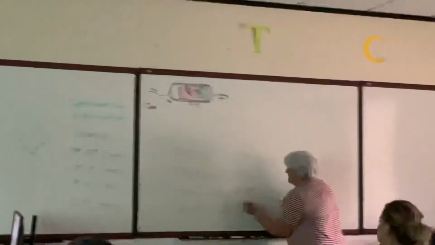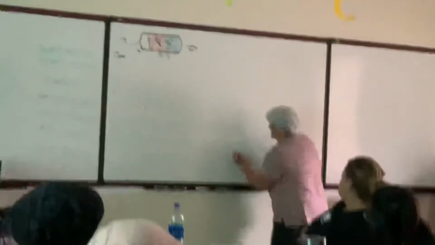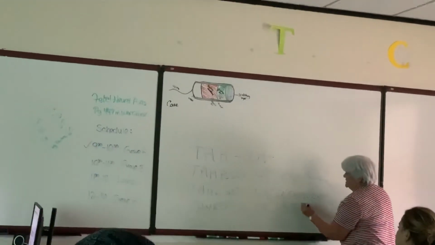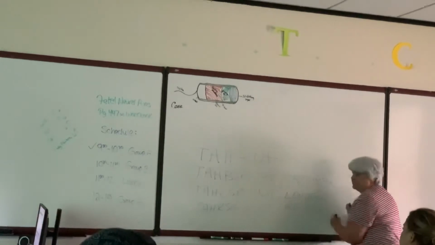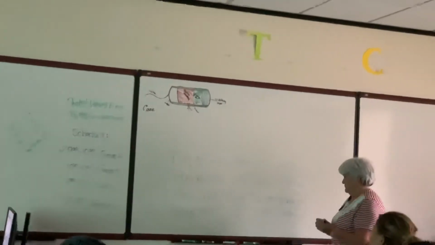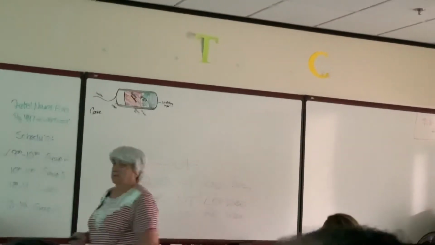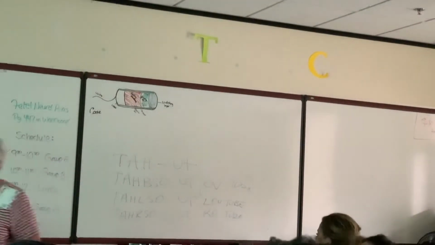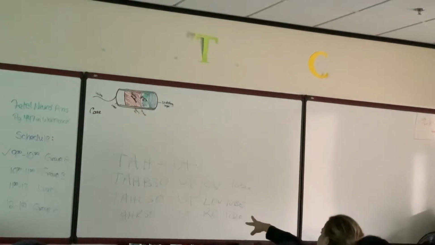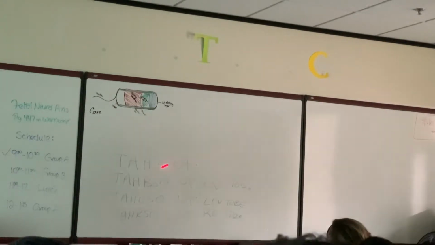TAHRSO: I've had my uterus, my right ovary, and tube removed. Okay, B is for bilateral. Bilateral, left side, right side.